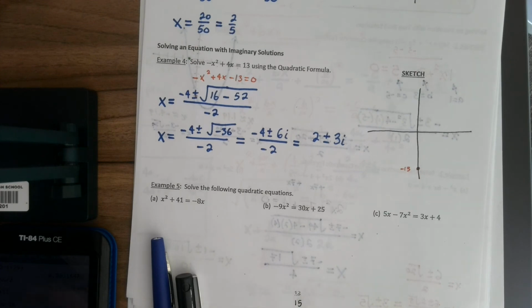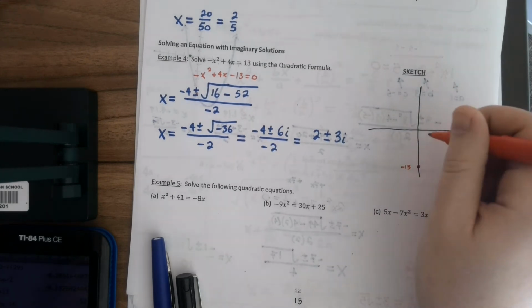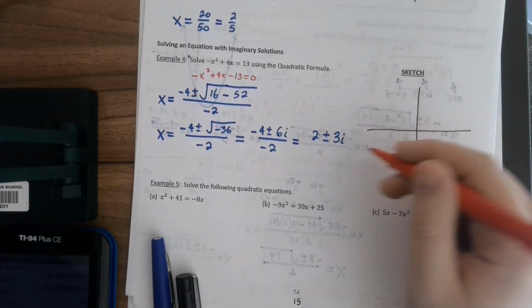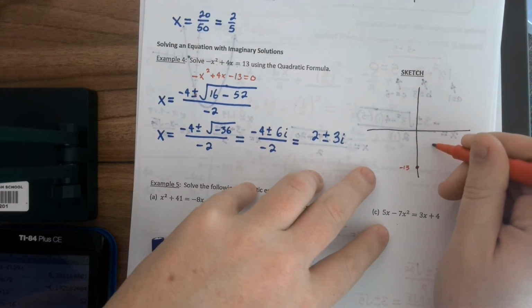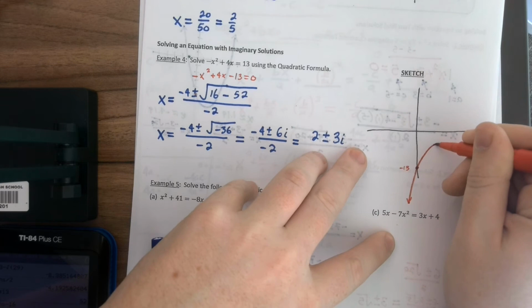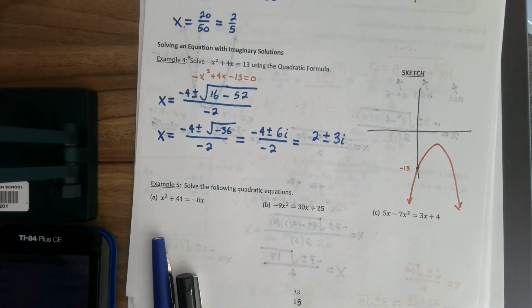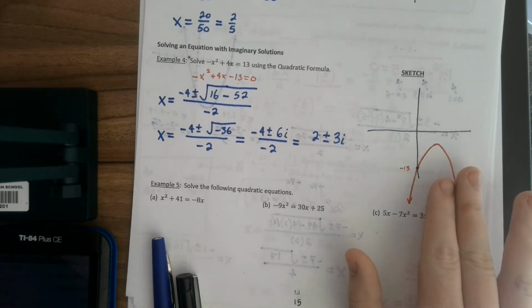As of this point, we don't know. They're not on the x-axis, though, otherwise there'd be real answers. We learned that anytime you have imaginary roots, they float off of the x-axis. So our graph is going to look something like this. In the next couple of units, we are going to be learning how to actually graph imaginary numbers, but not quite yet.